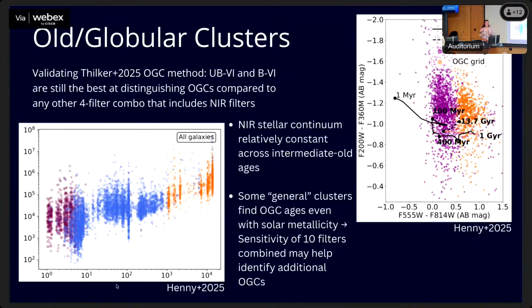When you look at them, they seem very consistent with globular cluster qualities, and their goodness of fit is actually a little better when you do the globular cluster solution. So it seems that when you add NIRCam, you catch a few globular clusters that you didn't catch before. But if you're talking about a 4-color space, there's no better one than UBVI, I would say.